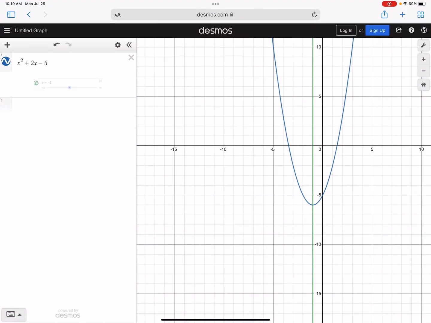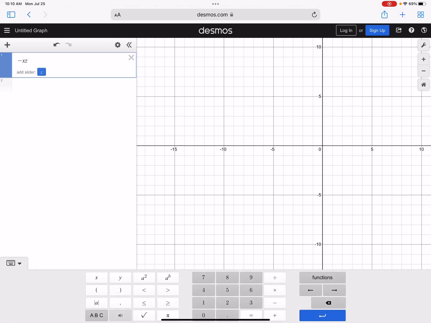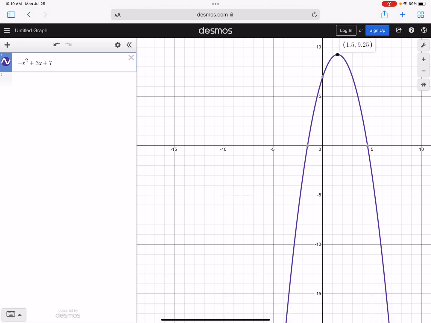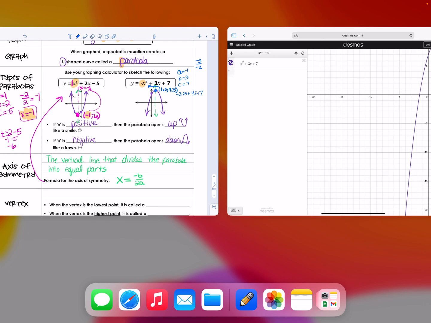Okay, so let's put that equation in and see how we did. That equation is negative x squared plus 3x plus 7. Okay, does this happen at 1.5, 9.25?